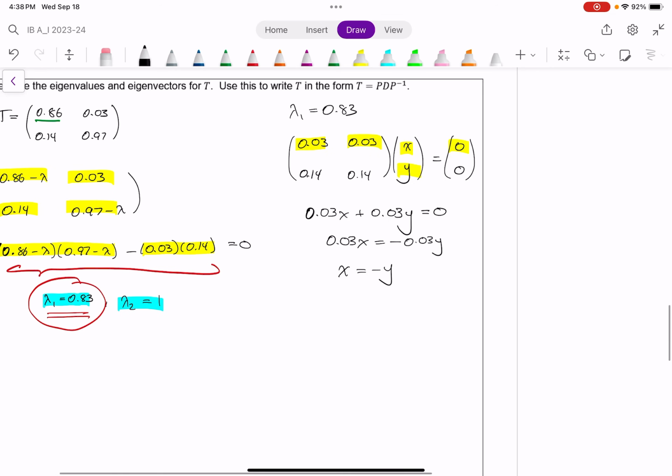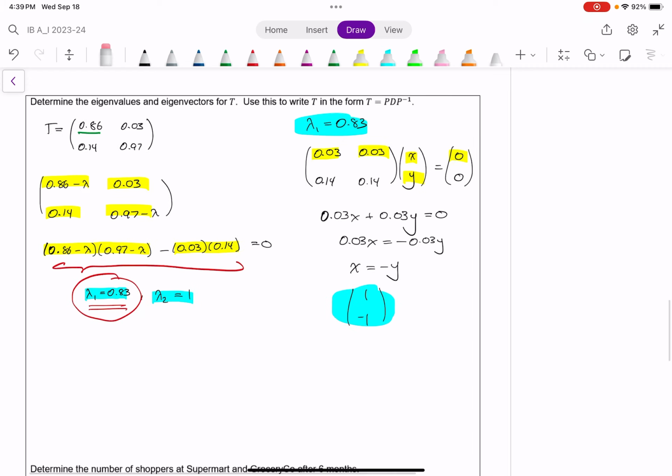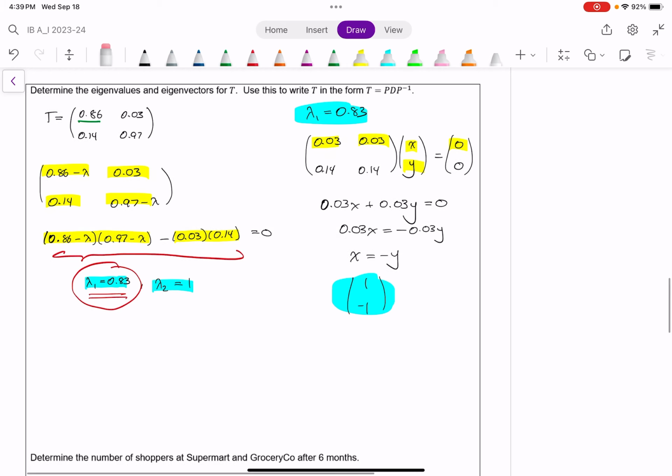And so one possible column vector for this would be anything where x and y are opposite. So how about 1 and negative 1? So that's going to be the eigenvector I'm going to use for this eigenvalue of 0.83. Let me now look at the other eigenvalue, which was 1.